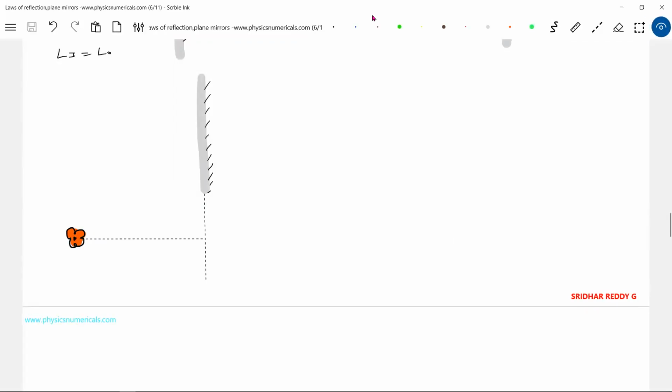There are two edges: the upper edge M2 and the lower edge M1. How come the rays are not incident on the mirror? No, they are incident on the mirror. You send rays like this. After reflection, the rays will diverge from a point. The point of divergence will be the position of the image. So here, if you extend, some other colors, again it will be, yeah.